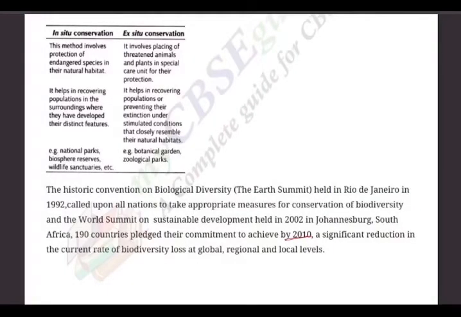And you got something called a red data book. The International Union of Conservation of Nature and Natural Resources, that is what we abbreviated as IUCN, which is now called as WCU, World Conservation Union.